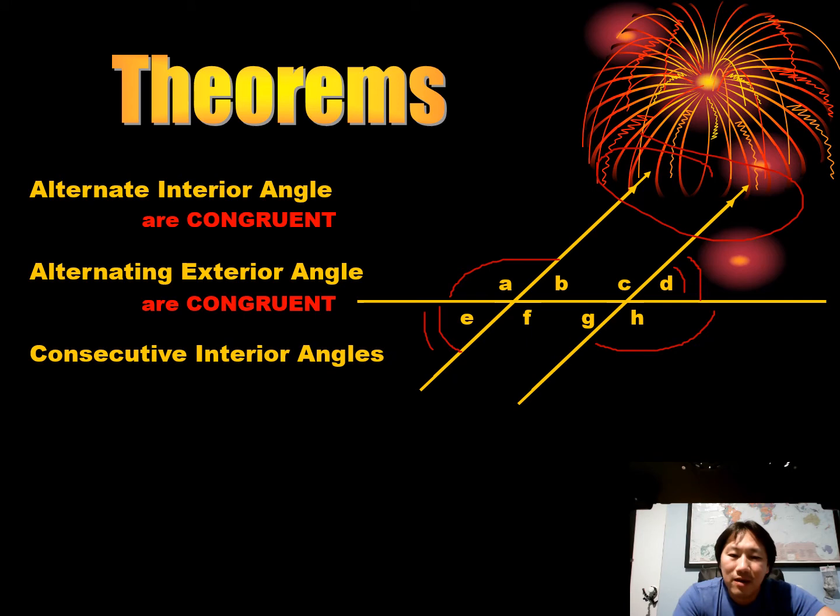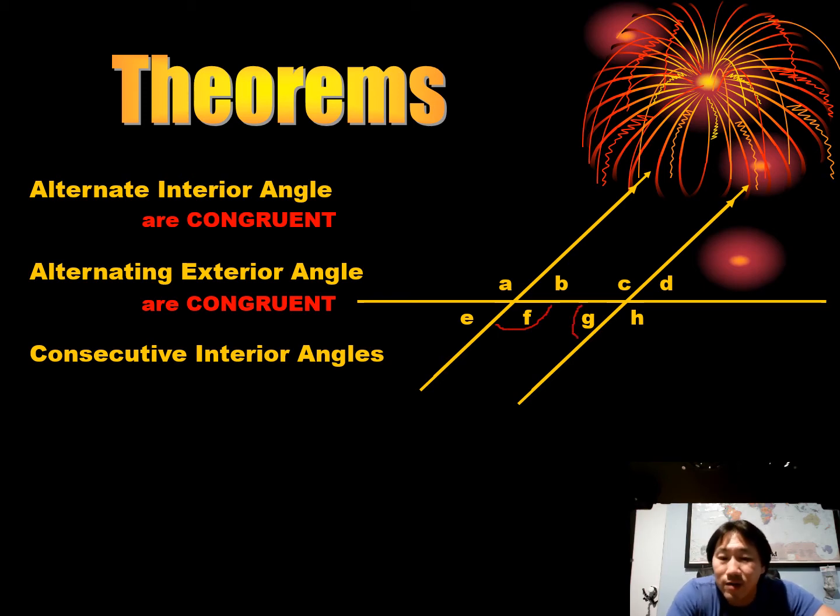How about consecutive interior angles? Here we have angle F and angle G. They are consecutive interior angles. Their rule is a little bit different. They are not congruent. They are supplementary. So F and G are supplementary.